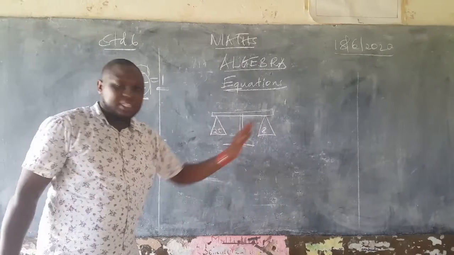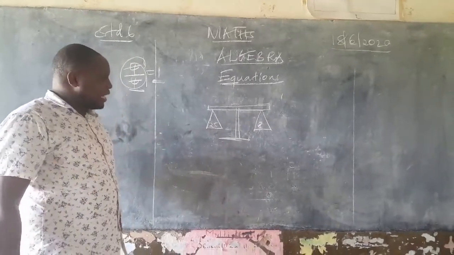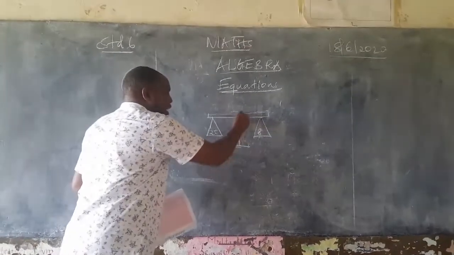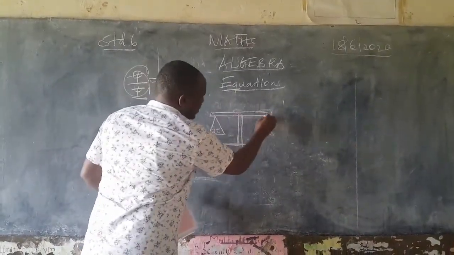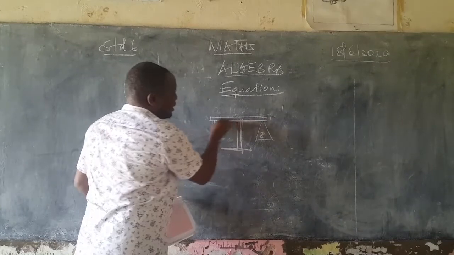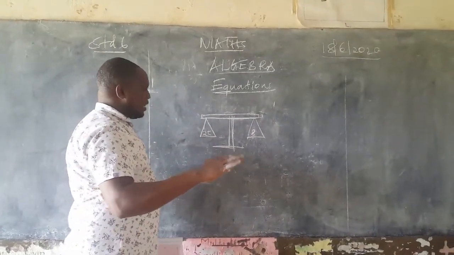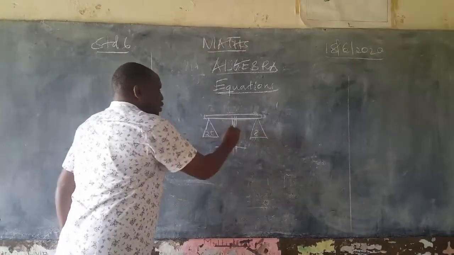This side is equivalent to that side. This represents an equal sign. If they are balanced, this is at what we call equilibrium, meaning that it's at rest at the same angle. Now this is going to be our equal sign.